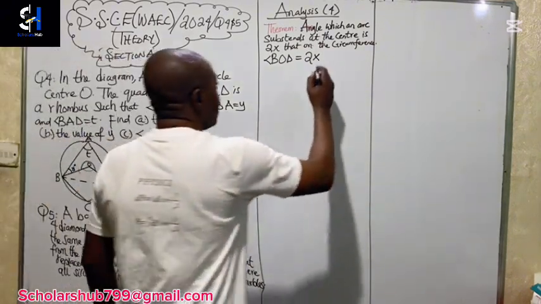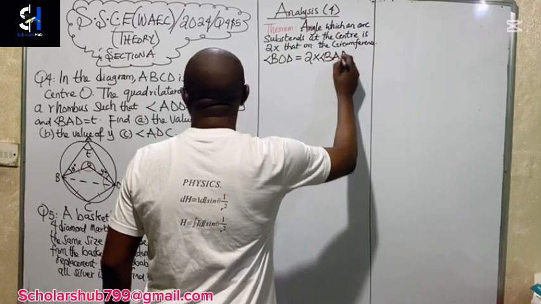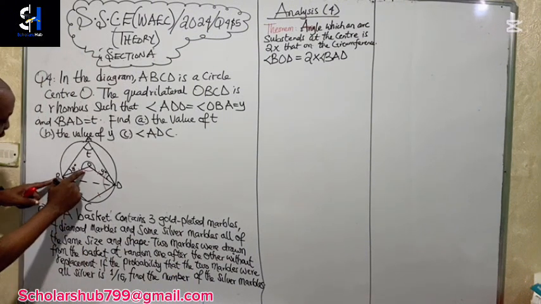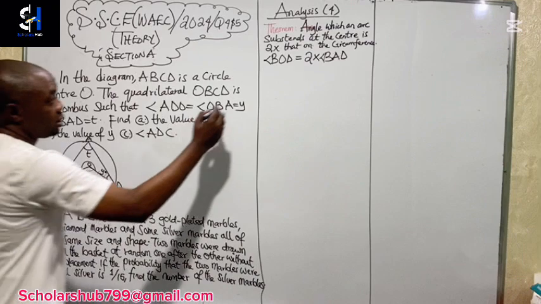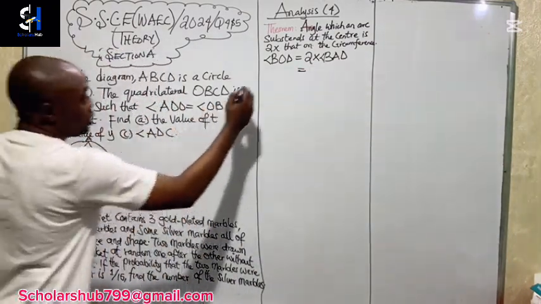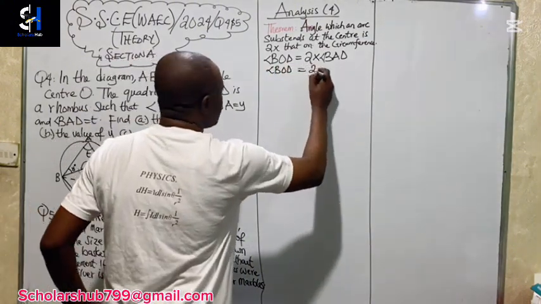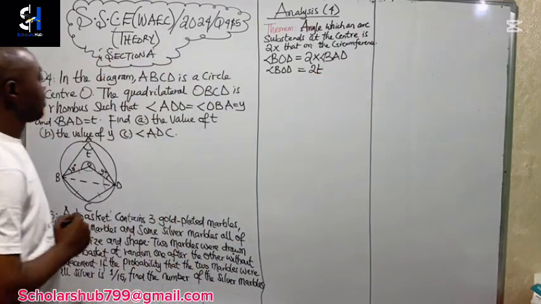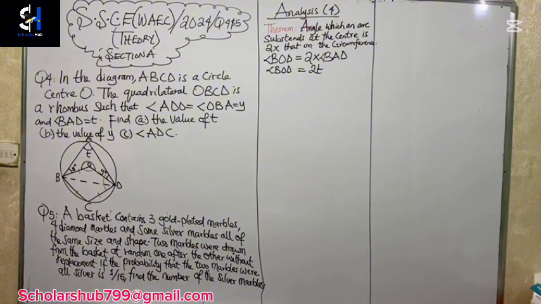So we are going to have 2 times angle BAD. Which means the angle at the center, angle BOD, will be equal to 2 multiplied by BAD. And we know that BAD is T. It's here in the question. All right, so that's the first.